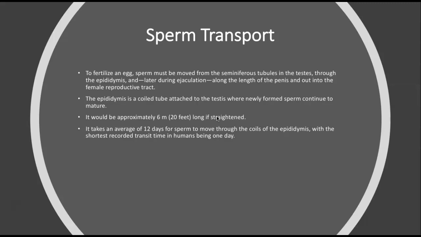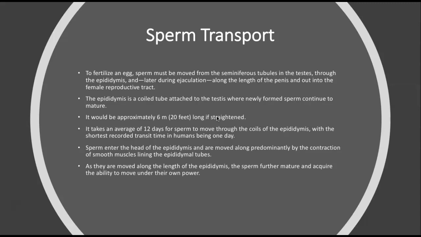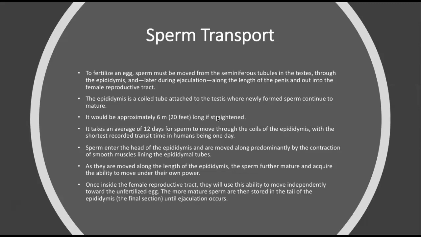But as the sperm moves along the epididymis, they're constantly maturing. And basically it says here that they are moved along predominantly by the contraction of smooth muscles that are lining the epididymal tubes. Like I said, they'll further mature, and eventually once they get to the end, will have acquired the ability to move under their own power.